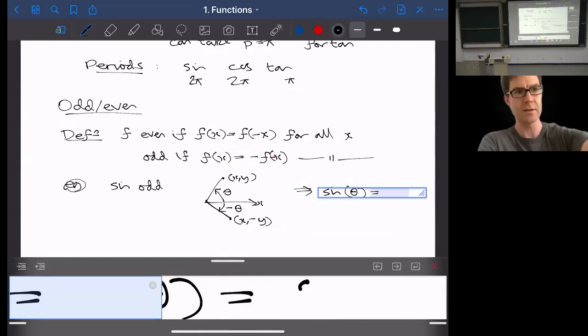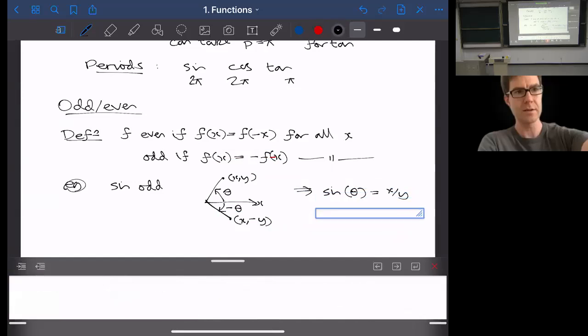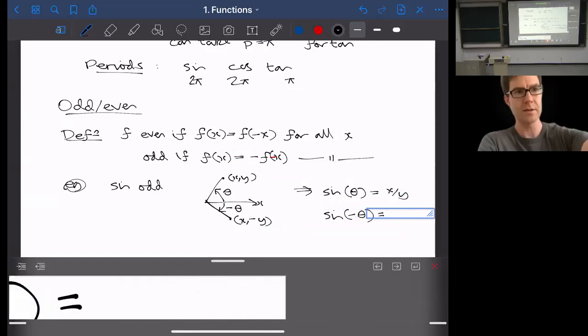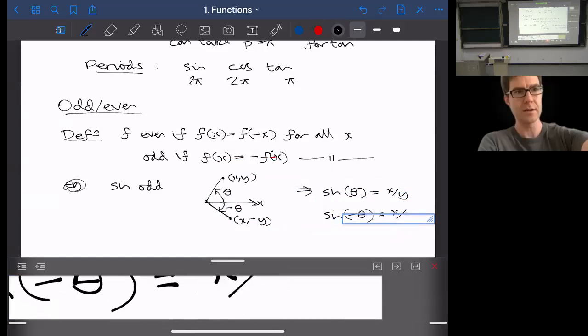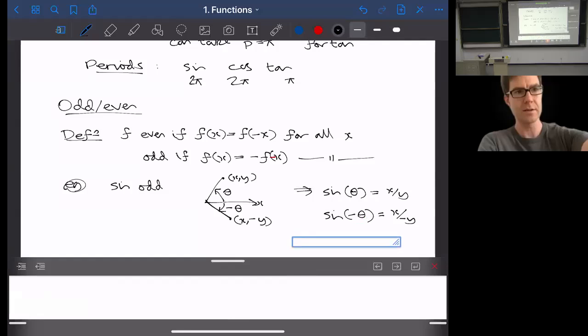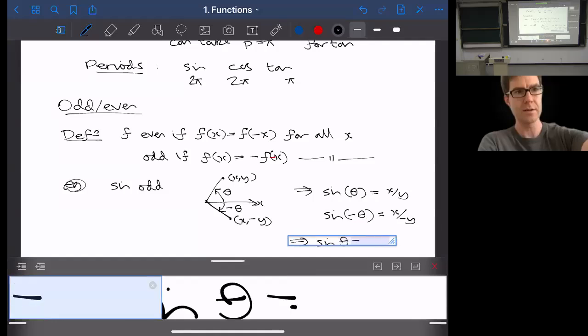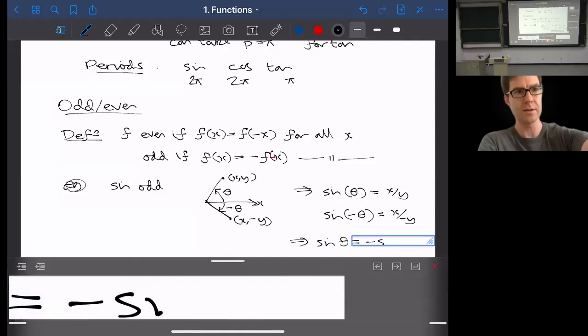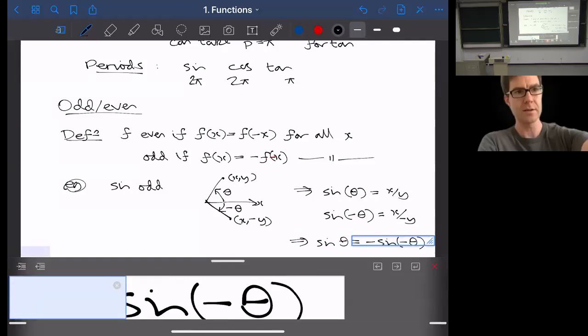If sine theta is y over 1 and sine minus theta is minus y over 1, then sine theta is minus of sine minus theta. So it's odd.